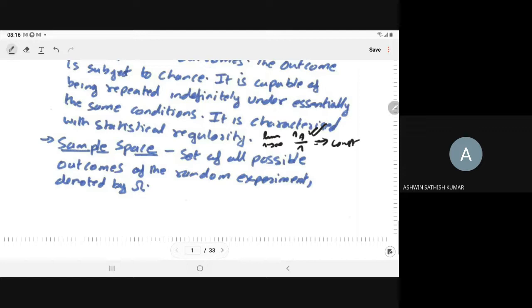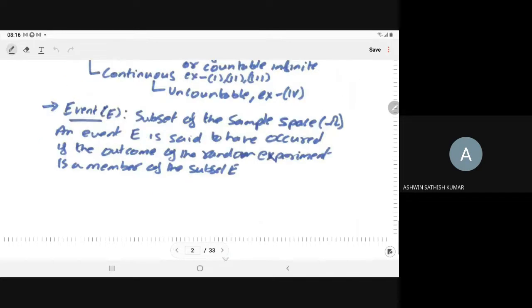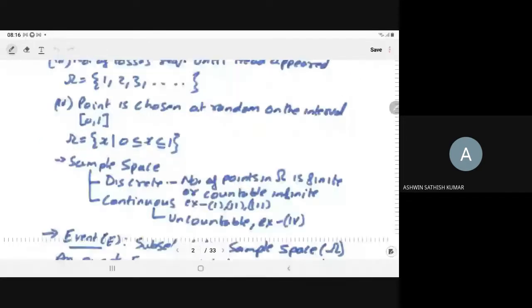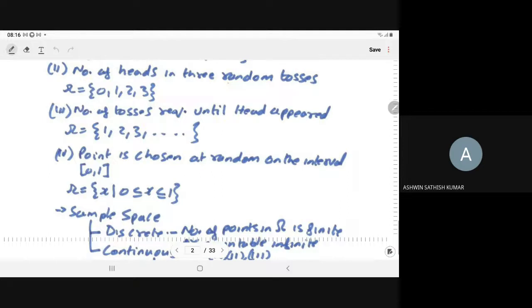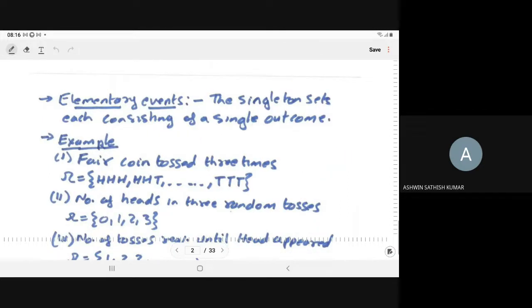For that, we denote the sample space by omega, and we enclose all the possible outcomes. Then we have the elementary events, the singleton sets, each consisting of a single outcome. Just enclose one outcome in braces, and that represents an elementary event.